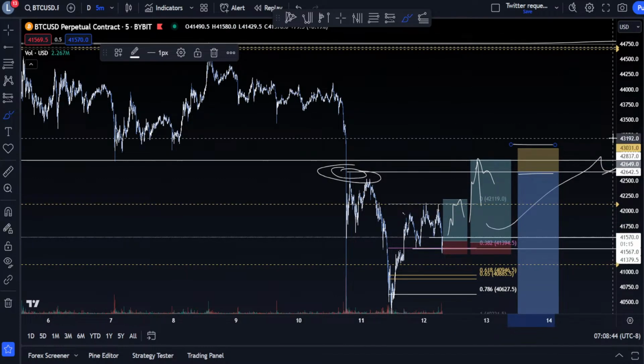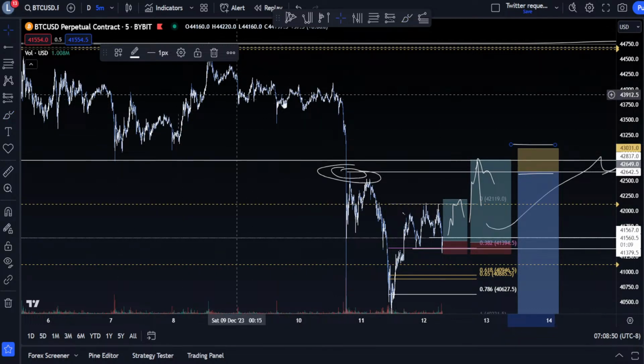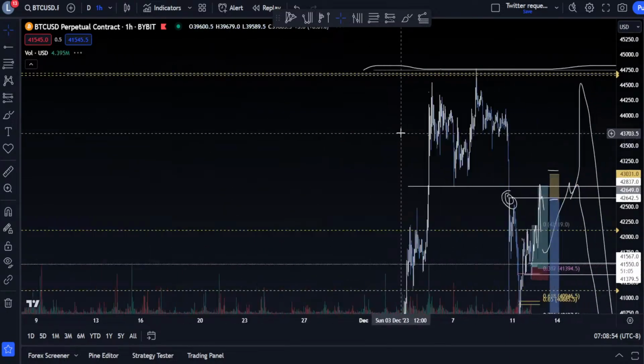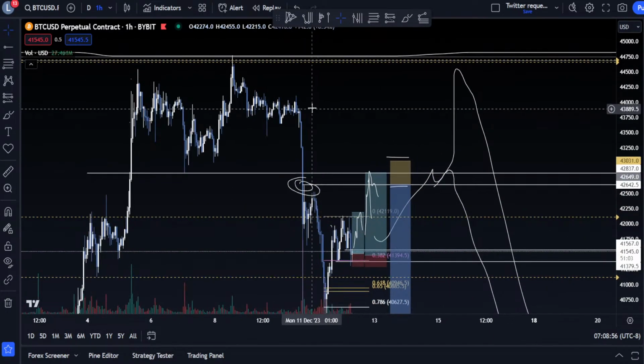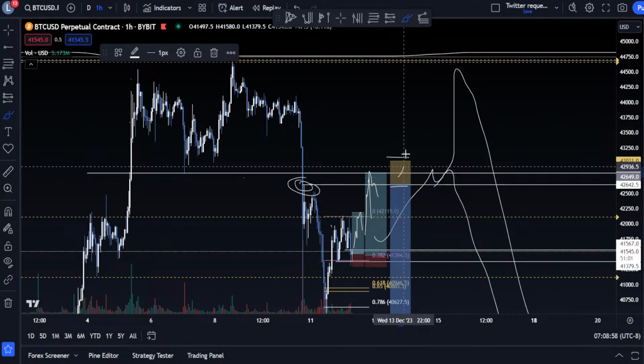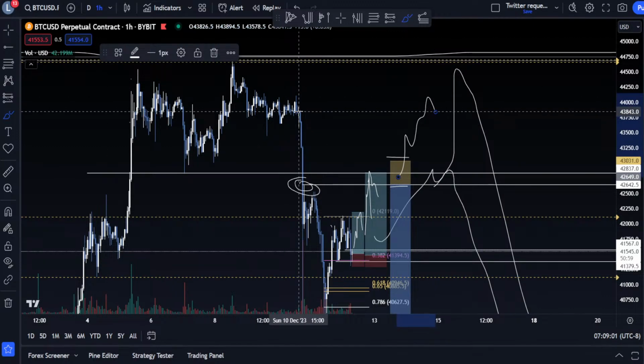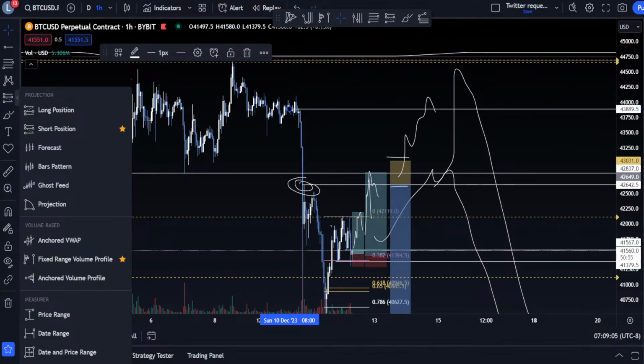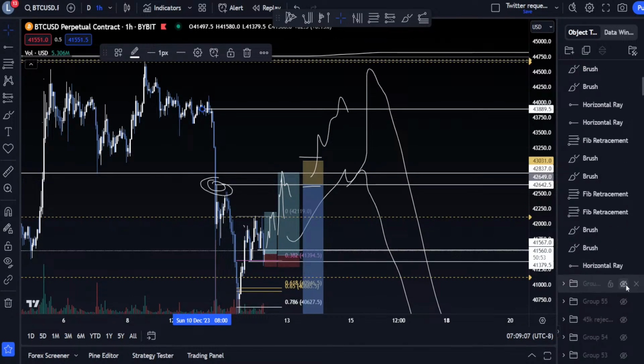Actually, I'm going to cover something. I talk about it a lot in the Discord, but I'll cover it quickly here too. I would also be interested in shorting a sweep of these highs up into this level. Actually, I can just turn on all those levels here.